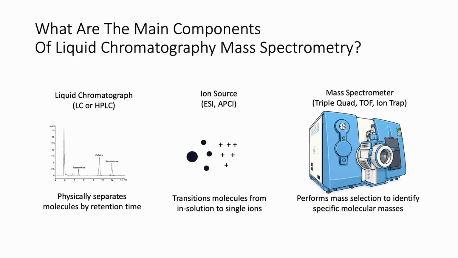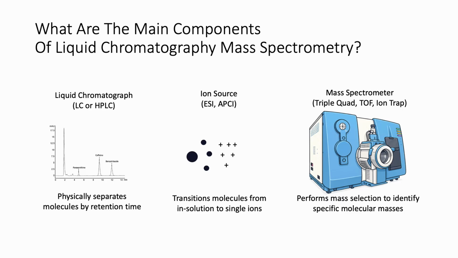So what are the main components of LCMS, or liquid chromatography mass spectrometry? I like to break them up into three basic pieces. There is the liquid chromatograph, which is responsible for physically separating compounds or molecules based on something called retention time that we'll talk about. That's in a liquid, so those compounds are dissolved in a liquid, and you have to transition those from being dissolved in a liquid into individual charged ions, either positive or negatively charged ions.